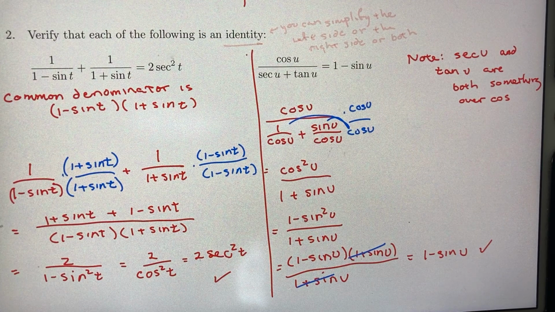Incidentally, with an identity, you can simplify the left side or the right side or both, until you get two things that are exactly the same as each other. Two sides. But you're starting out with something that you're not sure is an equal sign until you've actually proved it.